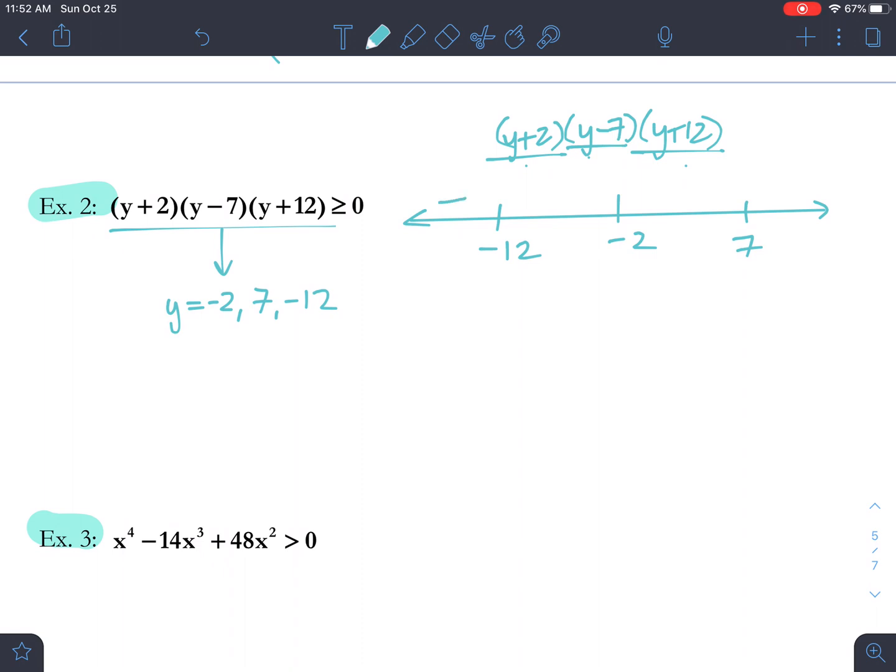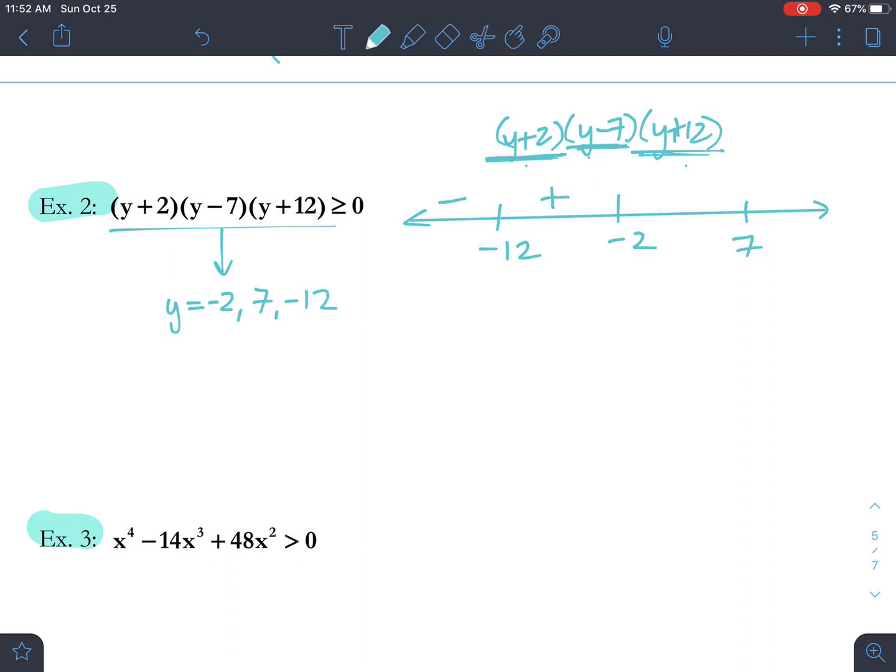How about something between -12 and -2? I'm going to pick -3. If I plugged it in, this would get me a negative. This would get me a negative. That says plus 12. So I currently have negative times a negative. If I plug in -3 here, positive. Negative times a negative times a positive is a positive.